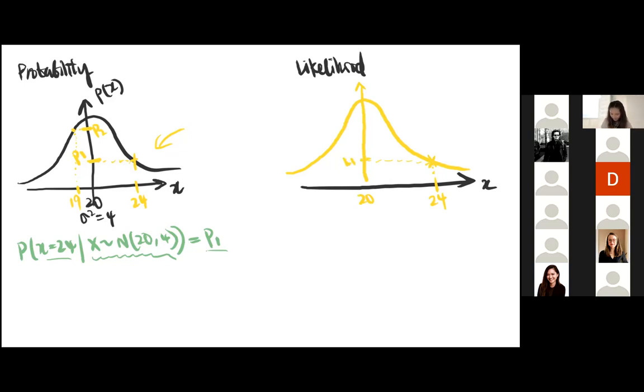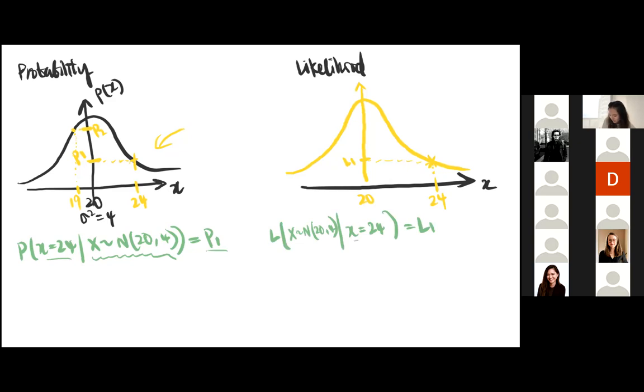So mathematically, when we write it out, what does this mean? Instead of P, we're going to use L for likelihood. Likelihood is saying that given that we have this puppy of weight 24, X follows a normal distribution of 20, 4 with the likelihood L1. I know that's pretty abstract, but let's think about it a little bit.